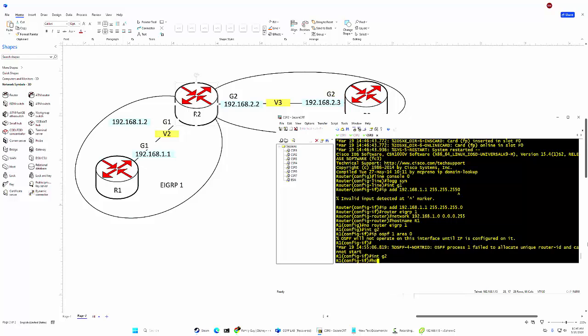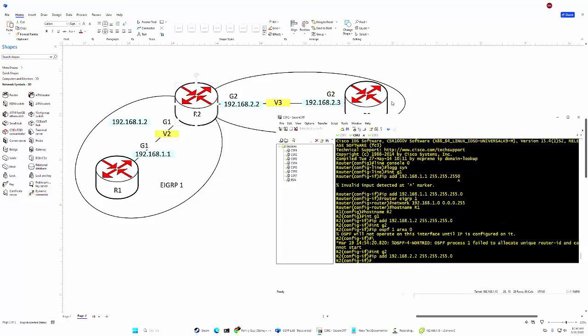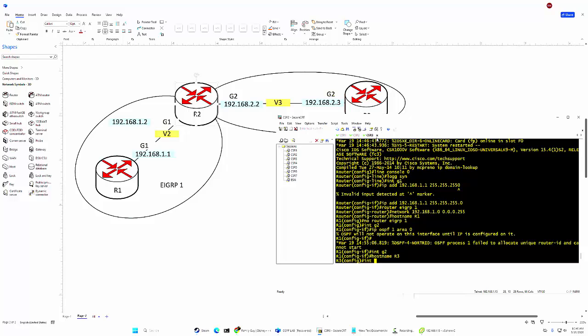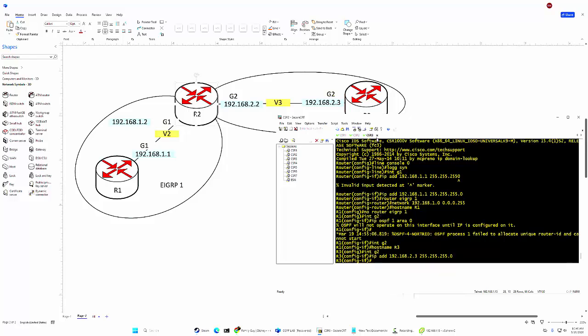First of all, host name. Okay, we'll go back over to here. That's already changed. 192.168.2.3. Okay. All right.